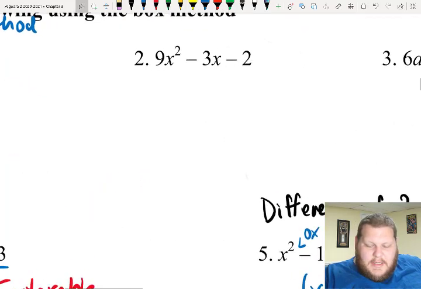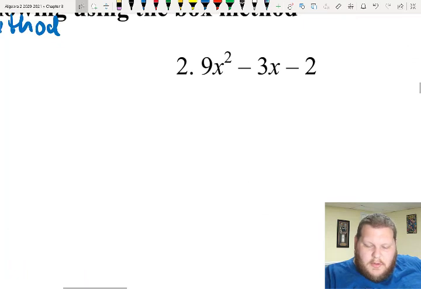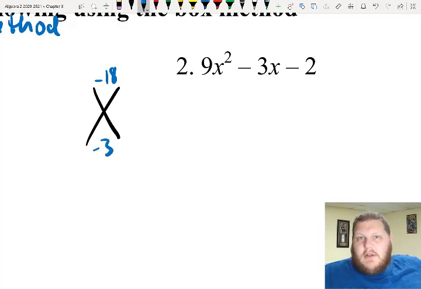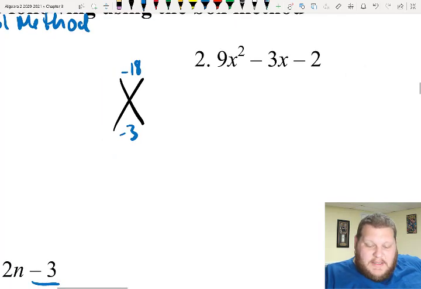All right. So 2 and 3, those ones are regular Xbox factoring methods. Let's just, I guess we'll do number 2 here real quick, just to show you guys this method. So here, first times last, 9 times negative 2 is a negative 18. My middle term is a negative 3. So I'm trying to figure out what combination of numbers multiply together to give me negative 18, but add up to negative 3.